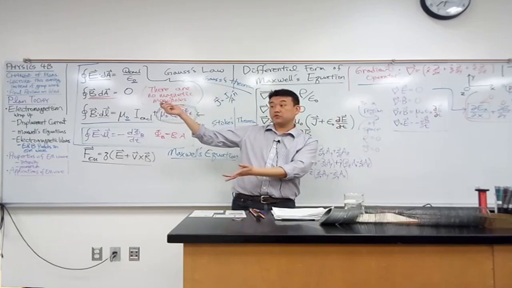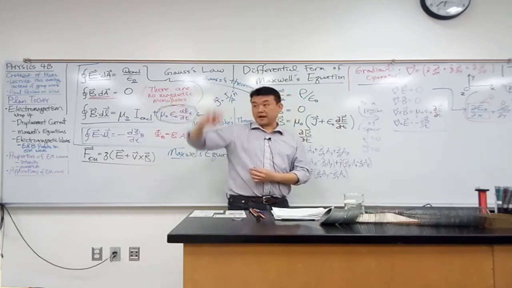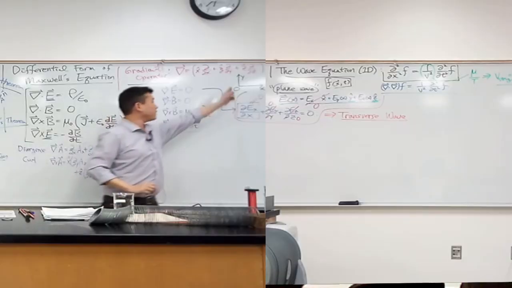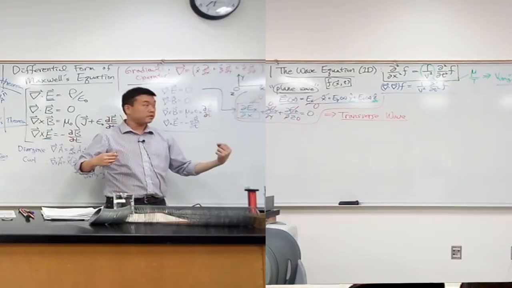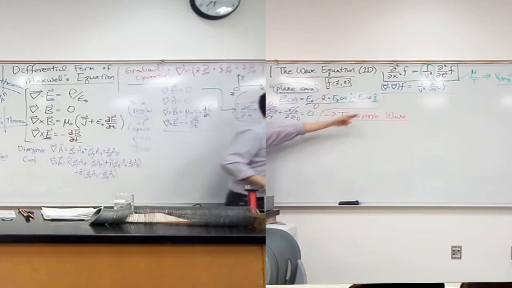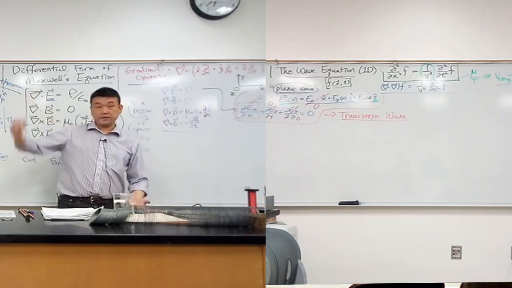That's going to make the rest of my calculus easier. So I'll pick the up and down direction, which would be the y direction. So what I'm going to say is that there's no interesting oscillation in the z component, simply by my choice of the source oscillating in the y direction.